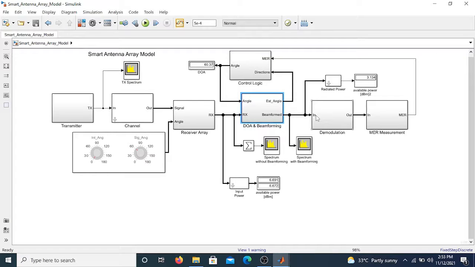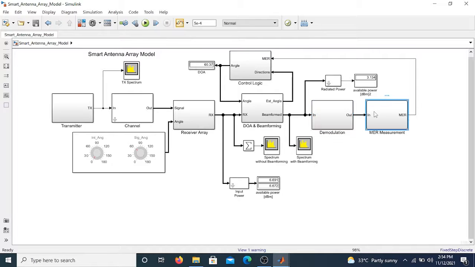Then moving on to the next block is the demodulation block, which just extracts the signal from the beamformed signal. It consists of a forward AGC, which has parameters such as the power of the AGC and the step size.